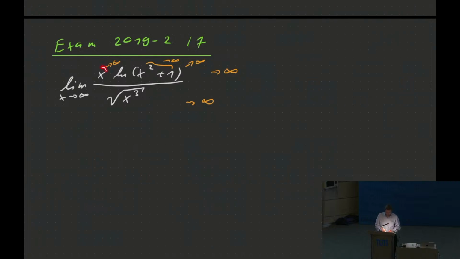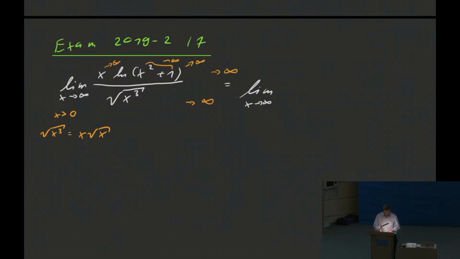If you look at this expression, you notice x goes to infinity, so in particular x is positive, and that means the square root of x to the power of 3 is the same thing as x times the square root of x. So if we use that, we will be able to just cancel out one of these x terms here. And if we want to differentiate later, that will make our life easier. So let's do that first.